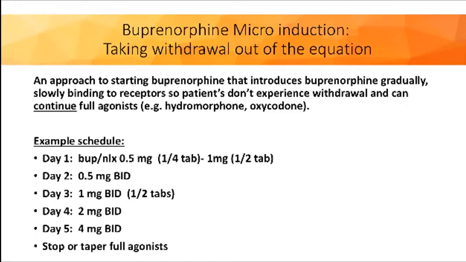But it is possible that you can introduce buprenorphine gradually without fully stopping the patient's medication. It's usually with short-acting full agonists. I haven't seen it done as much with methadone, although it's possible if you get them to a very low dose and the patient really can't experience or tolerate withdrawal.